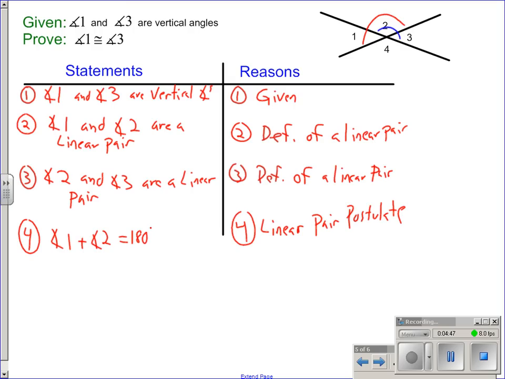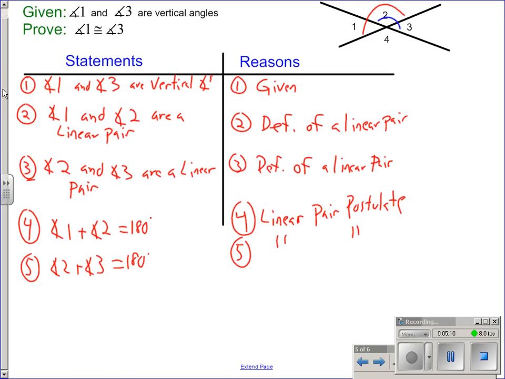We can make the same statement with the information from statement 3: angles 2 and 3 are a linear pair, so angle 2 plus angle 3 equals 180, same reason, linear pair postulate.